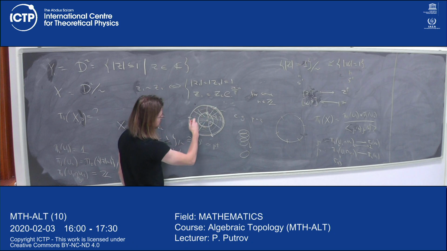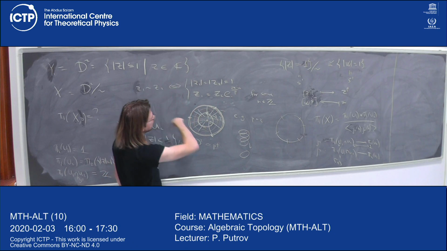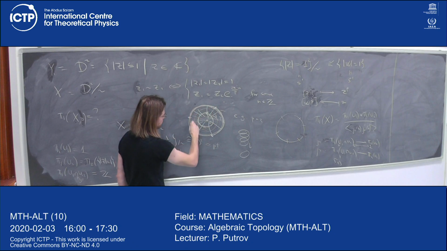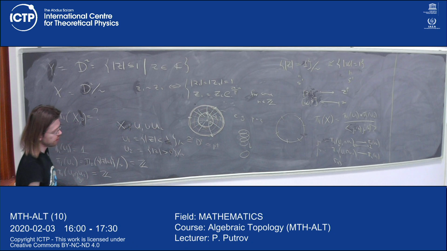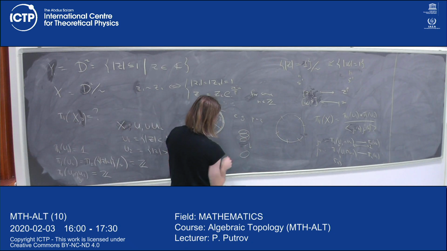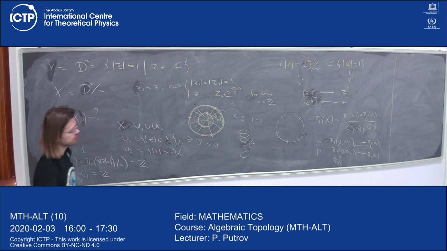In this particular case, P equals 3, it winds once around the circle here, but once we do the quotient, it will wind 3 times over the circle obtained in the quotient. The quotient map in this case is the projection.